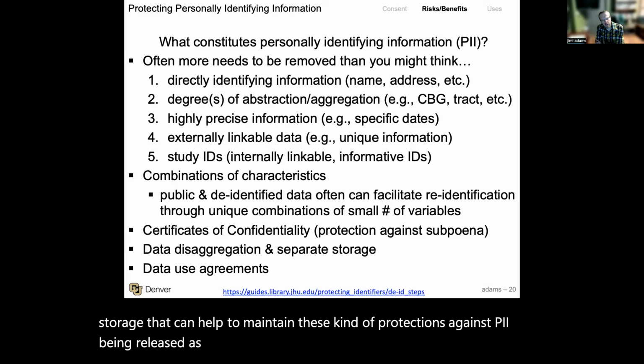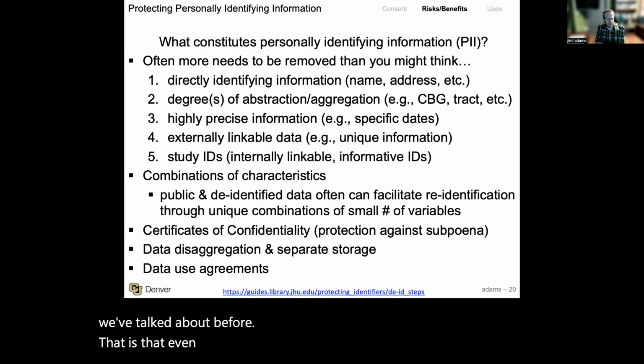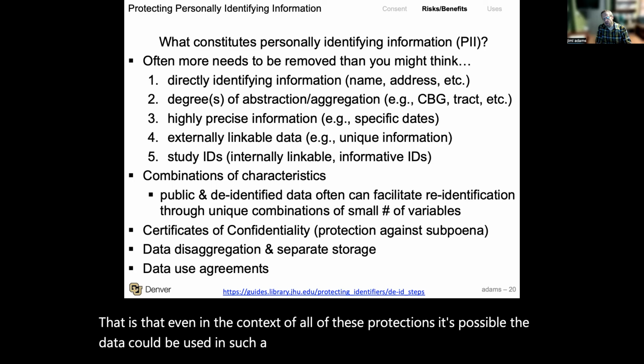The final thing that I'll mention isn't something we've talked about before, and that is that even in the context of all of these protections, it's possible the data could be used in such a way that could re-identify participants.